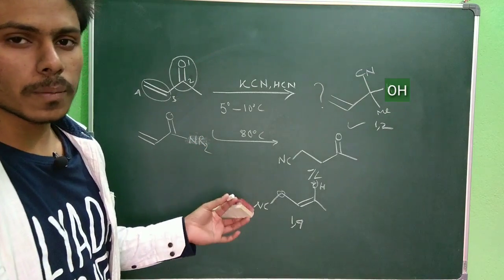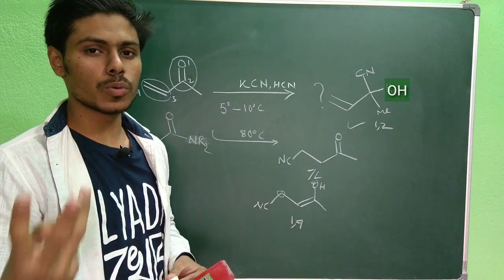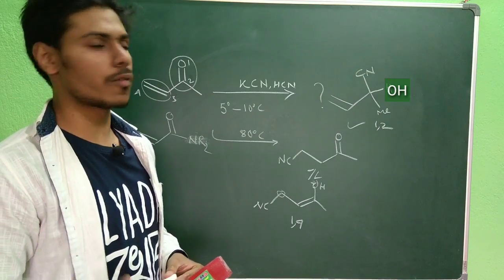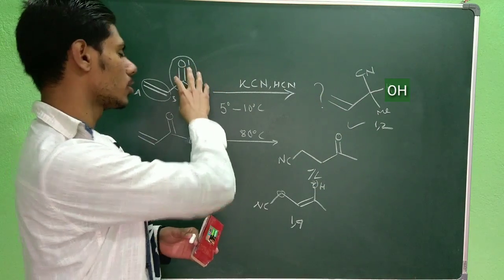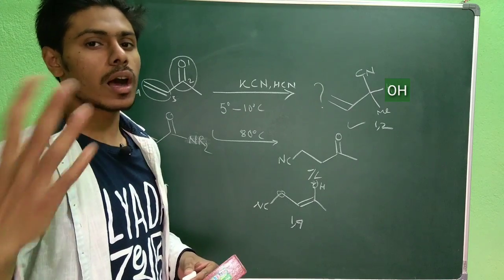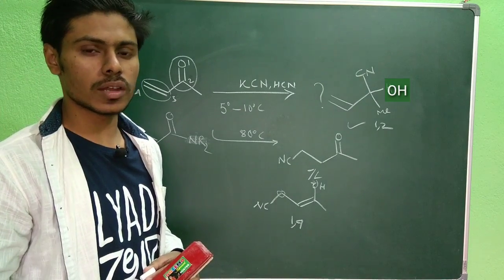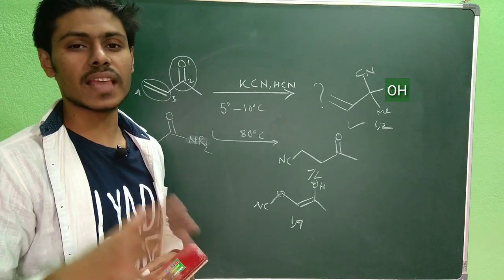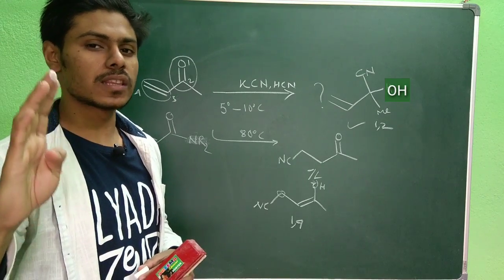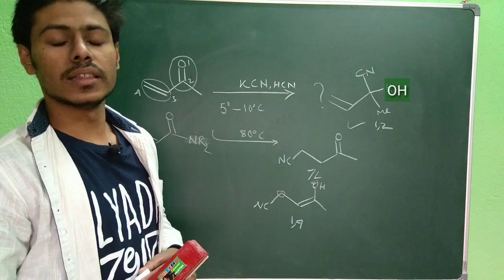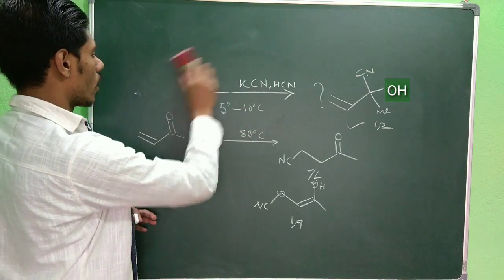If you have any alpha beta unsaturated carbonyl compound, you have two possibilities: either your nucleophile can add directly to the carbonyl group, or it can do the conjugate addition. And whether there will be a conjugate addition or a direct addition depends on 3 major factors, and I will discuss those factors now one by one.